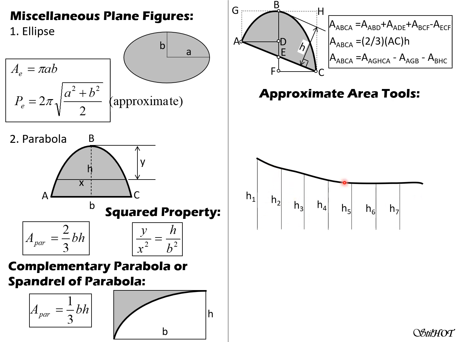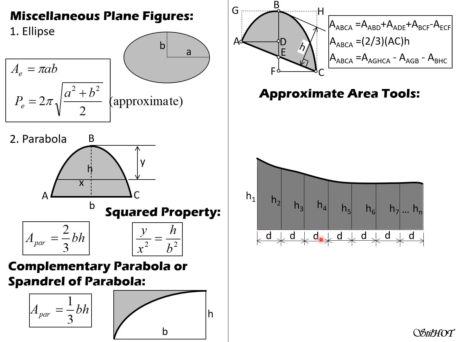These are offsets, heights, h1, and up to hn. Then these are divided into equal parts, say d, d, d, d, d. And it is the sum of areas. These are treated as trapezoids. So area 1 plus area 2, area 3, and so on. And we are able to derive, for instance in this case, 1/2 of quantity h1 plus h2 times d.